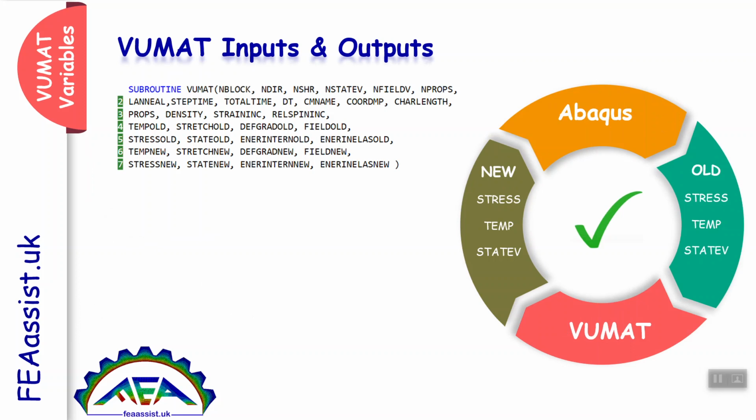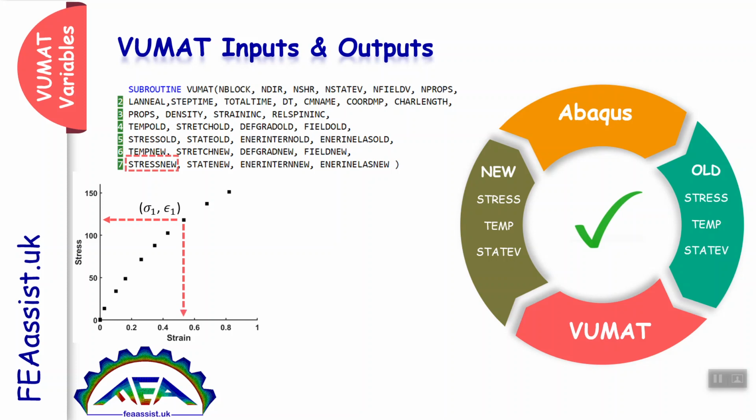Here we explain one of the most important variables of the VUMAT subroutine, which is stress, and here, stress new. Consider you have a stress and a strain at this point, and you want to predict and compute the stress at the next point. What can you do?